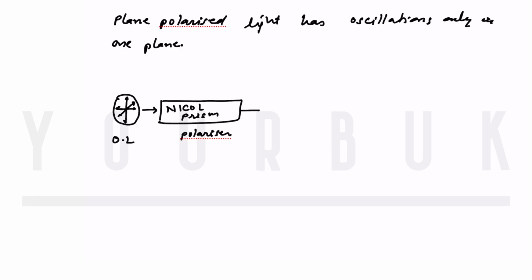And the light which comes out of this polarizer is called plane polarized light, which has vibrations only in one plane. Then we allow this plane polarized light to pass through a sample. So this is my sample, and I observe the behavior of the plane polarized light in the eyepiece.